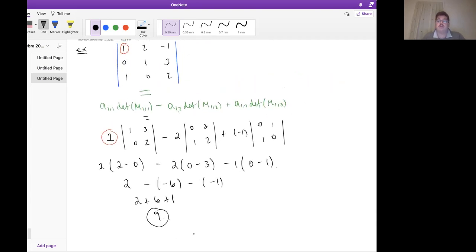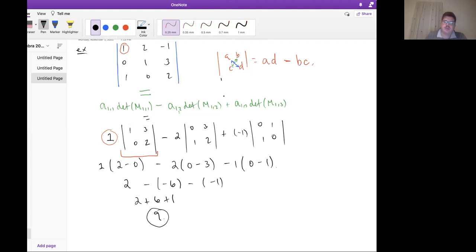What do we know about the first one, this one here? The determinant of the 2 by 2 is: you take the product of the diagonal entries, and then you subtract the product of the other entries.